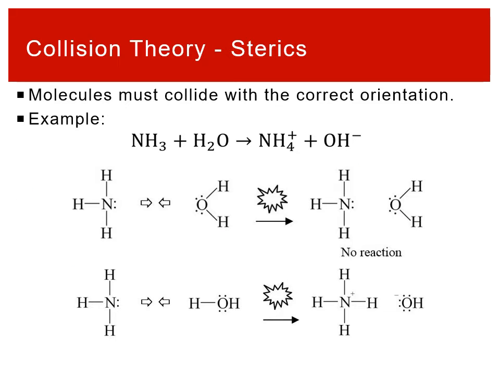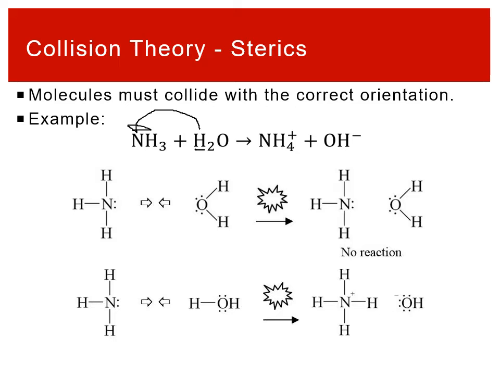So when these molecules collide, if NH3 and water collide, they need to collide in such a way that that atom can actually transfer. Right? One of these hydrogen atoms is going to move to this molecule over here.